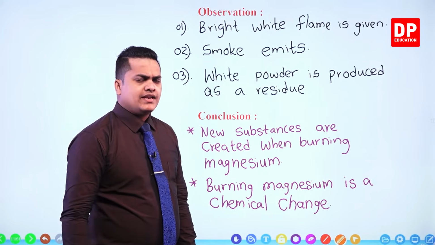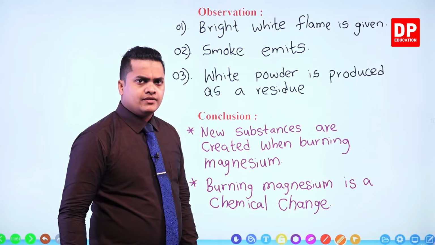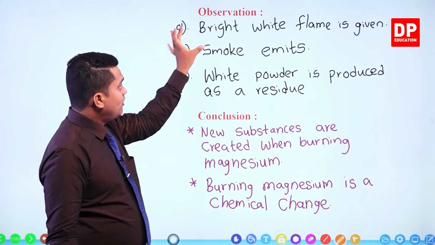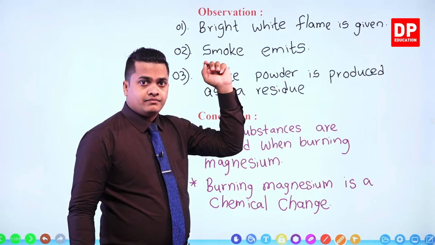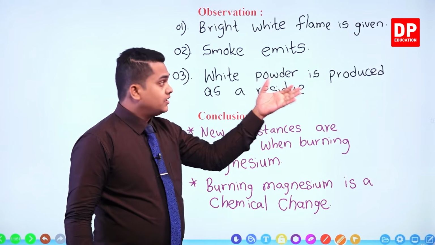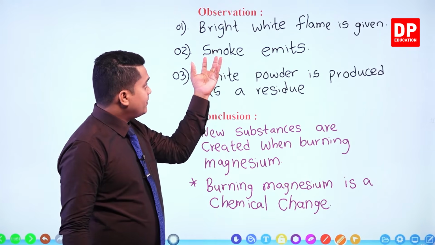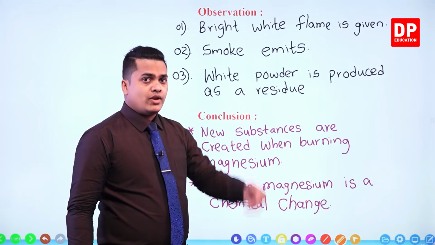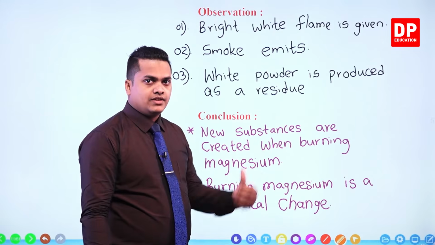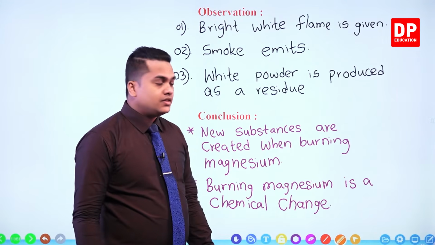How can you say that new substances have got created? By using these observations. It is giving out a bright white color flame. Earlier there was no such observation, right? And it can be observed that smoke is emitted, a new substance. Smoke is a type of gas. Earlier there was a solid.